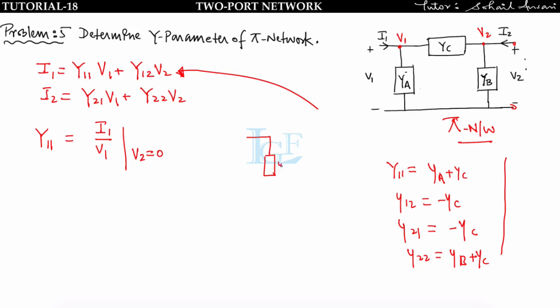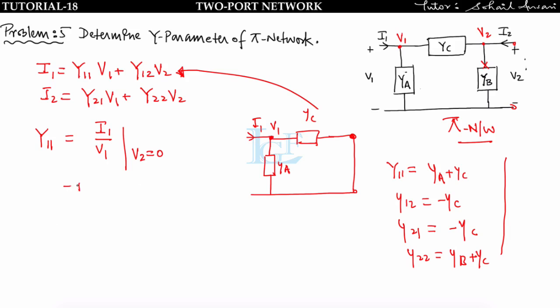The circuit will become like this: this is YA, this is YC, and this is short circuited, so YB is of no use. This is I1 and this is V1, and V2 is 0. Now apply nodal equation here.